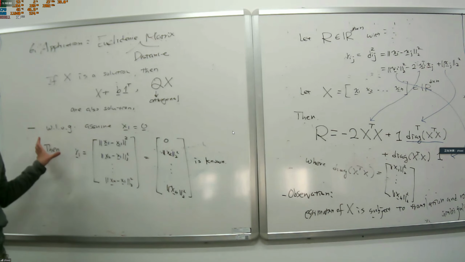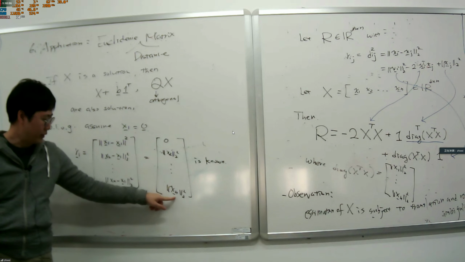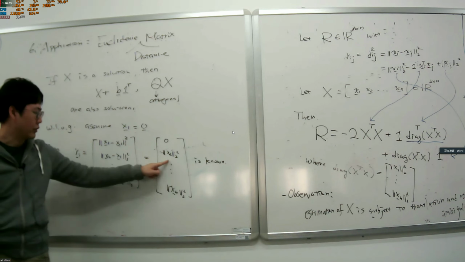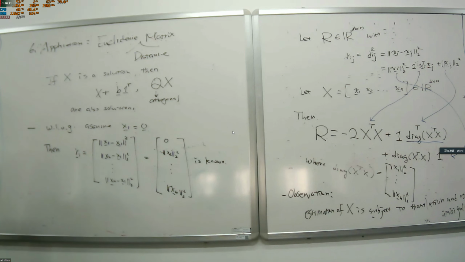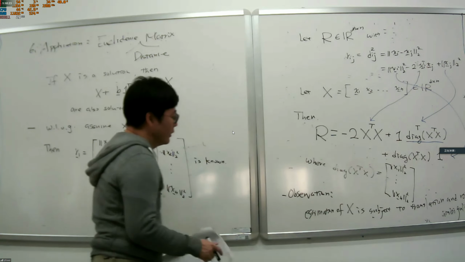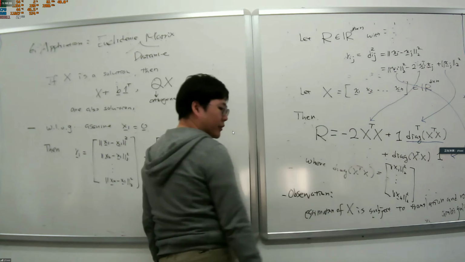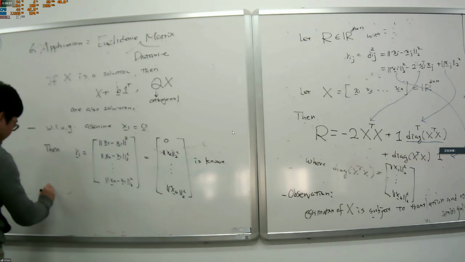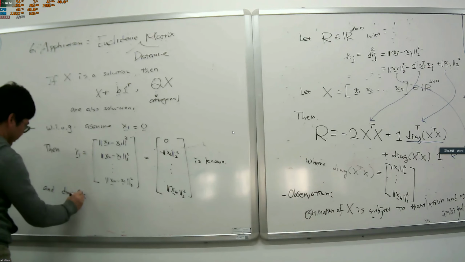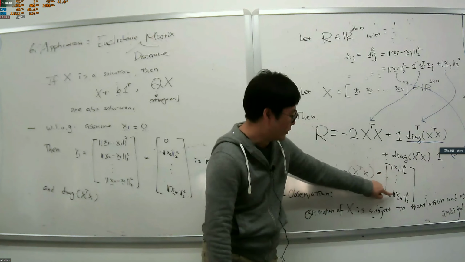By assuming x1 is 0, the squared norms of x2 through xn are known, because they are in the first column or first row of capital R. Then the diagonal of x transpose x, this vector, will be 0, x2 norm square, x3 norm square, up to xn norm square.